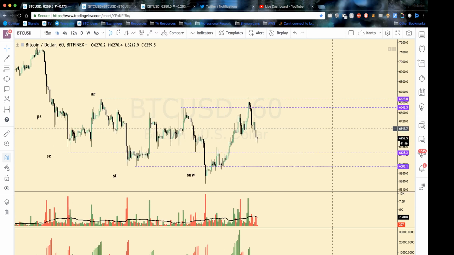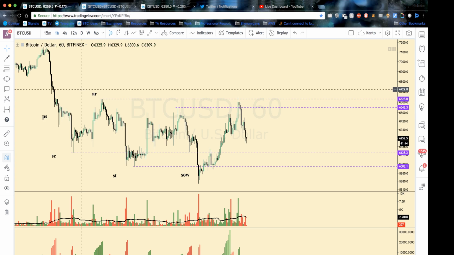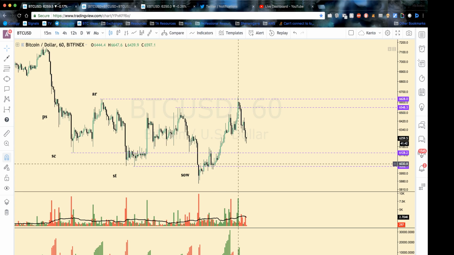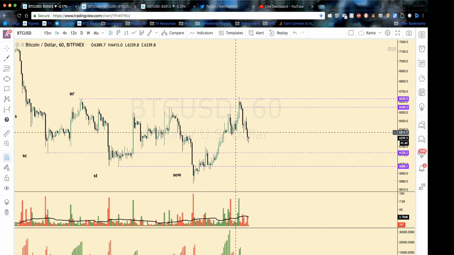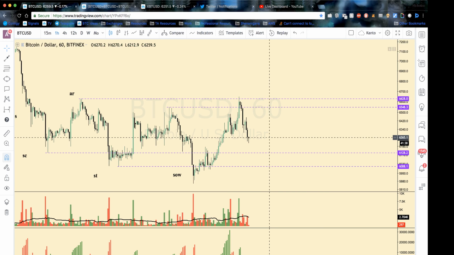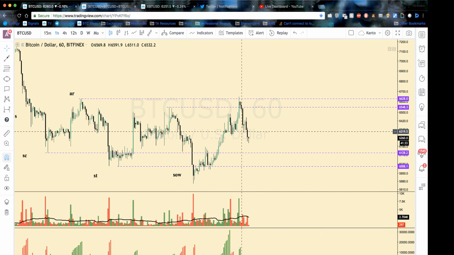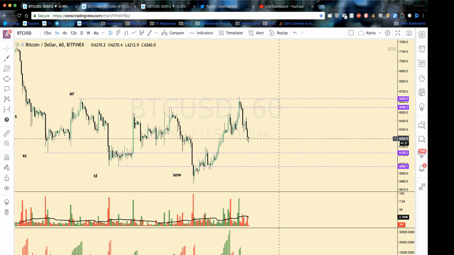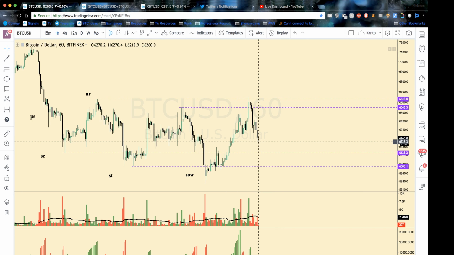But I also want to keep in context that this is a consolidation range. We have not yet seen a last point of support, an LPS. This could very well be it, but since we have not seen it, I can't say buy here, because the whole point of Wyckoff logic is to wait until a break of the trading range.